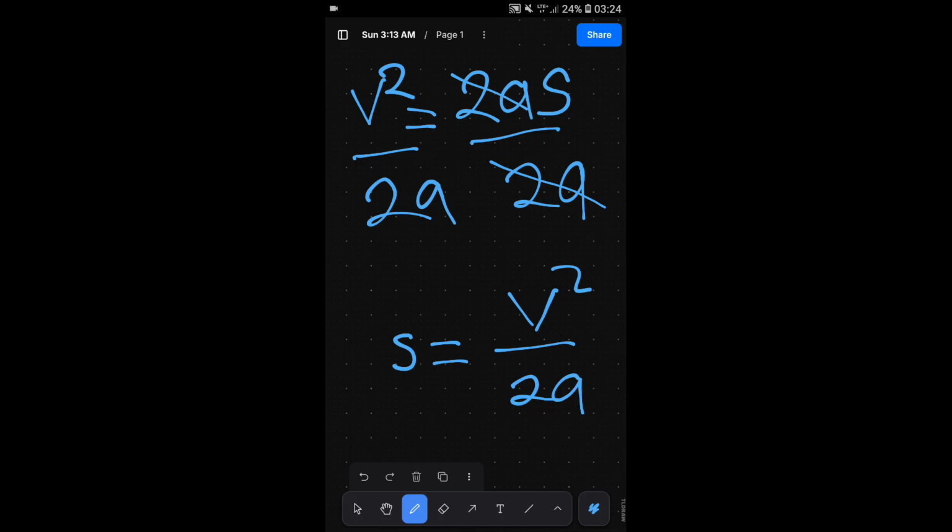Now, substituting s equals this in equation 3. Remember, equation 3 is W equals mad. d represents distance, and s here represents distance.